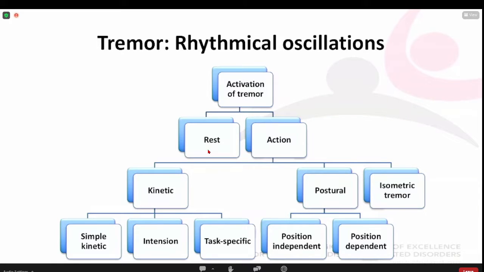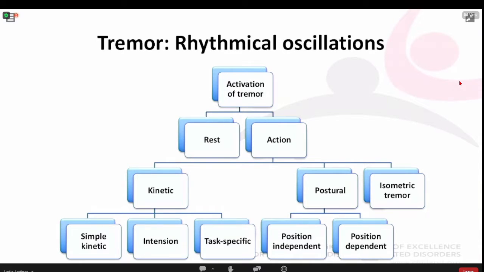The simple kinetic tremor occurs over the distance from the beginning to the end point. And intention tremor, like we see in cerebellar dysfunction, you will see the tremor at the end of the target, and also some are task specific. The postural tremor is also position dependent and independent.